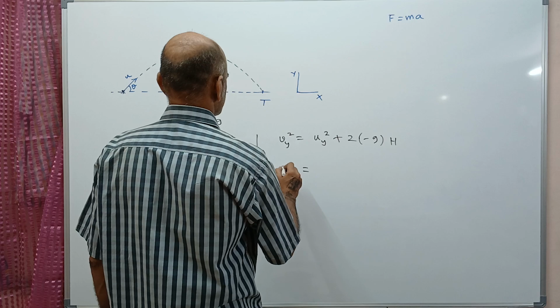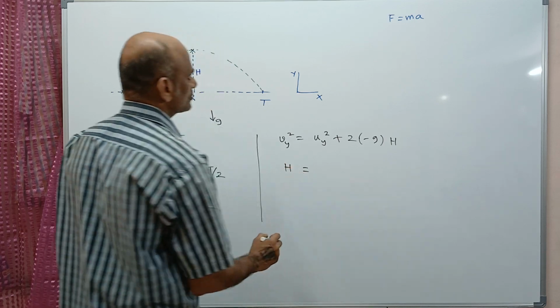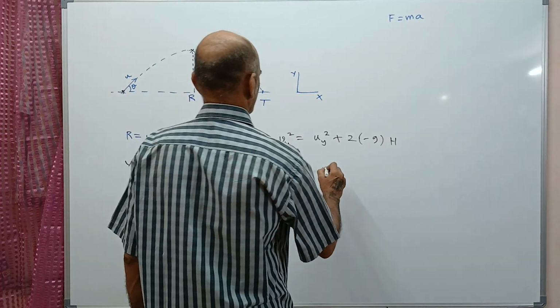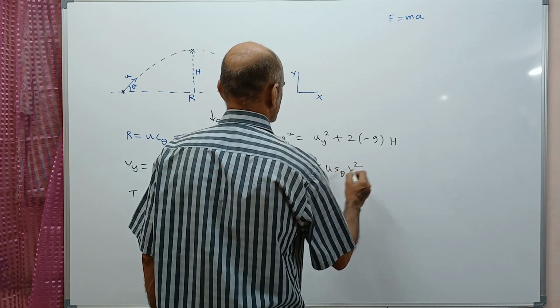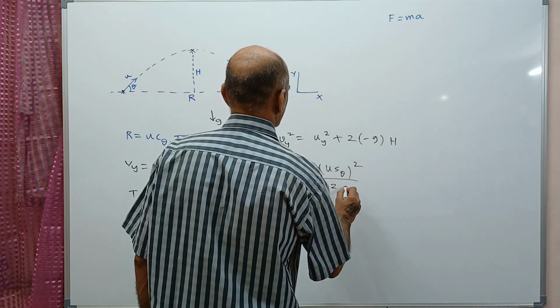So from this I get H as uy square, that's u sine theta whole square by 2g.